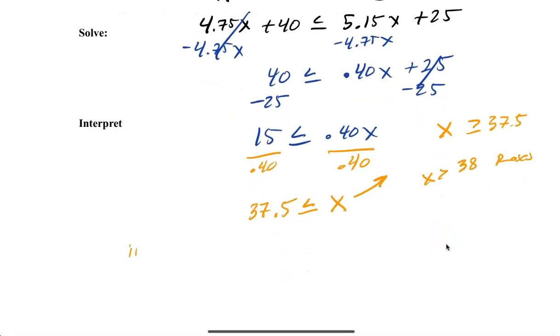If Derek buys 38 or more roses, then Florist A is cheaper.